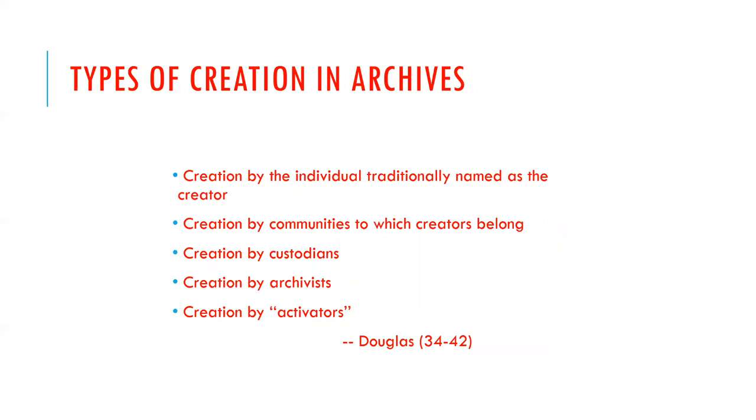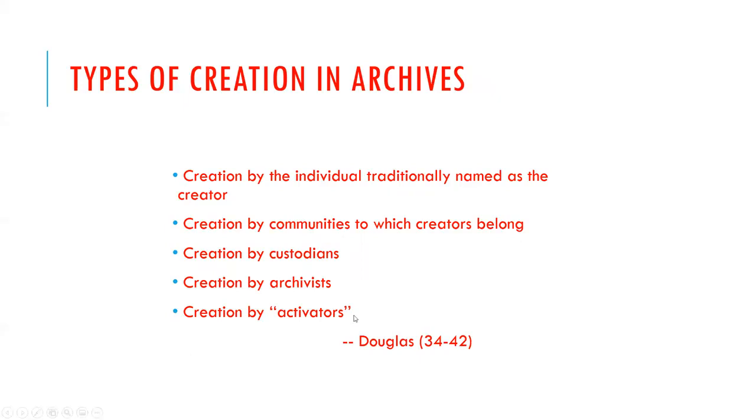Now, of course, as we talked about before, some of the decisions that archivists make are influenced by decisions made by the creator of the record, or the community of the record creator, or the custodians of the records. But at the end of the day, for the most part, it's archivists determining what's going to be digitized and what isn't, and what is going to be more accessible and what is not.